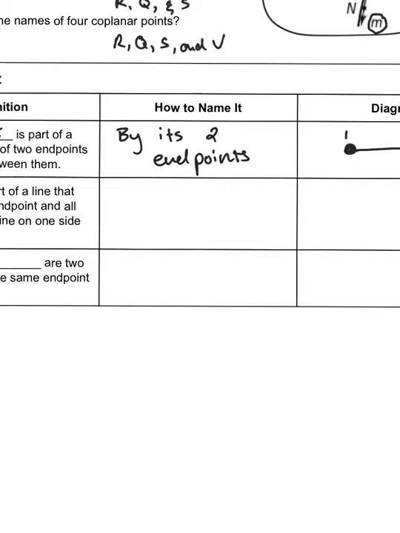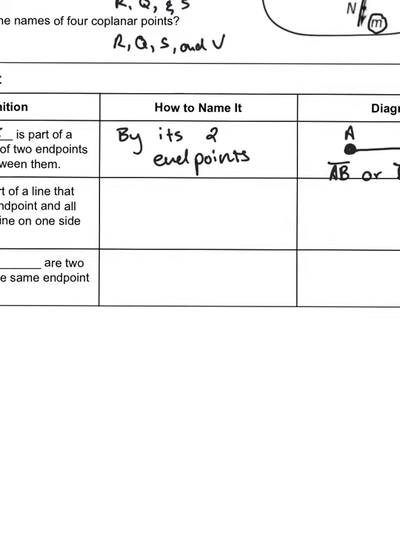Let's say this is point A, and this is point B. Now I can name this line segment AB or BA.